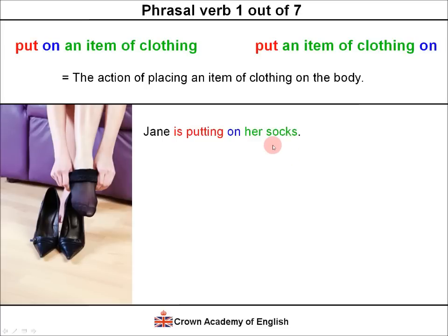Jane is putting on her socks. So this is an example with this order. So we have the verb, the particle, and then the object. And we can also say it as Jane is putting her socks on. So this time we are using this form. The verb, the object, and then the particle.